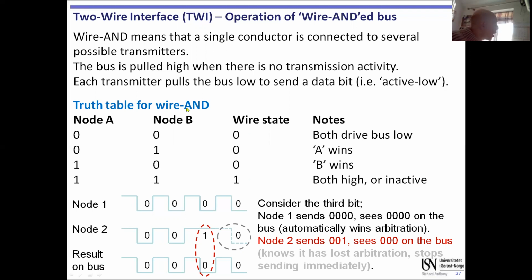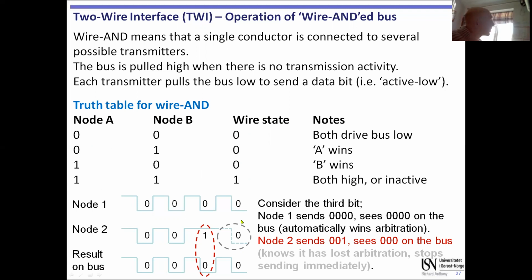So this is why it's called wired AND, because the 2 systems transmitting will give the output of these. If one transmits a 0, one transmits a 1 at the same time, the result will be a 0. And so the effect is a truth table of AND.